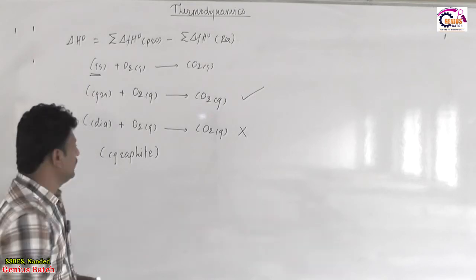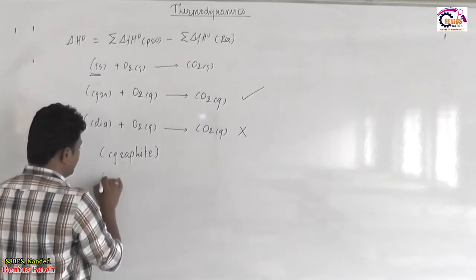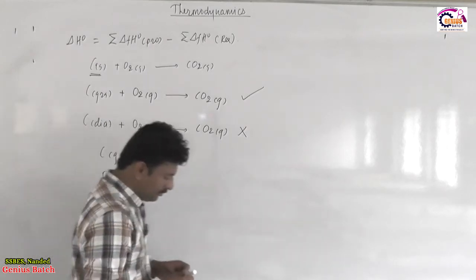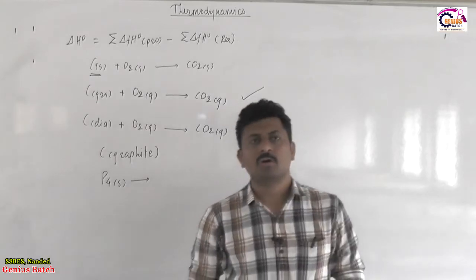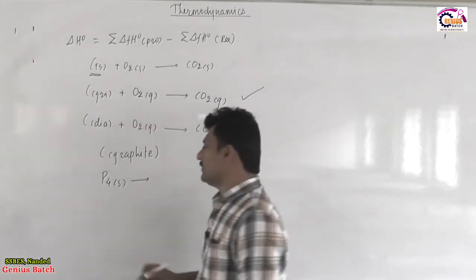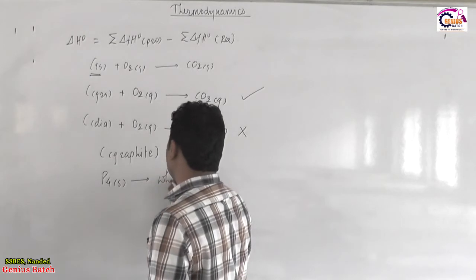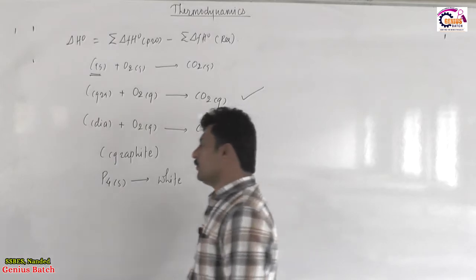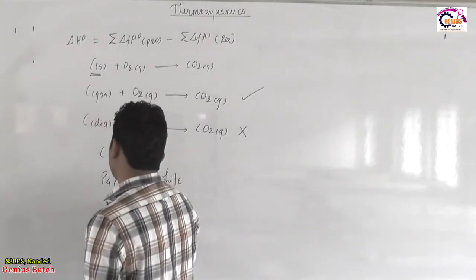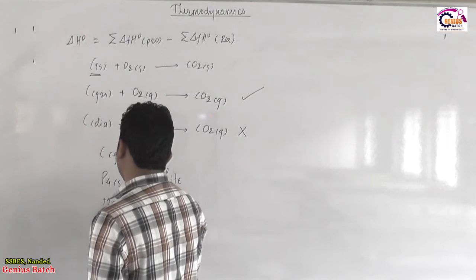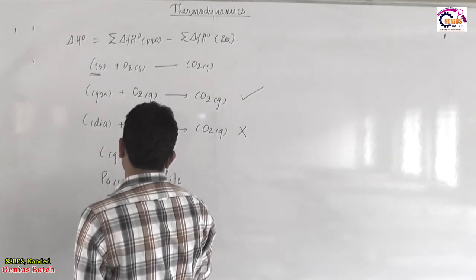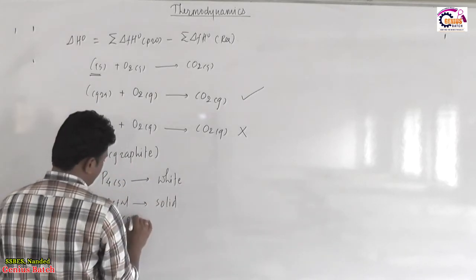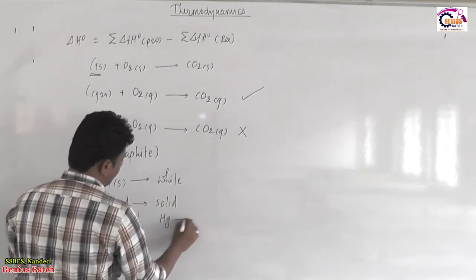Getting it? Now, like carbon, phosphorus also exists as P4 solid. Phosphorus has several allotropic forms: white phosphorus, yellow, black and red. Out of these, white phosphorus is considered the standard. Moving to the next, when it is a metal, generally the solid state of the metal should be standard, except mercury, which is liquid.